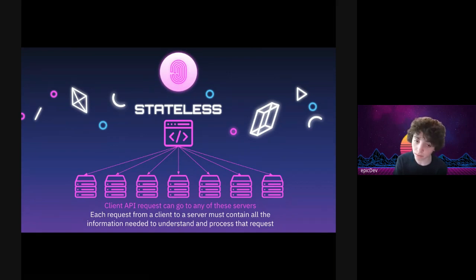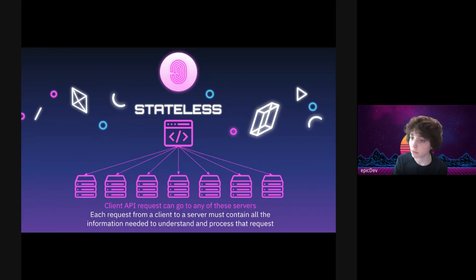They don't store it in a variable or anything like that. There are no side effects from functions that are called on the server. It's not going to store any data about the client. It'll instead just take the input and output something. And maybe it stores data in a database that all of the servers share access to, but it's not going to store information on the server directly.